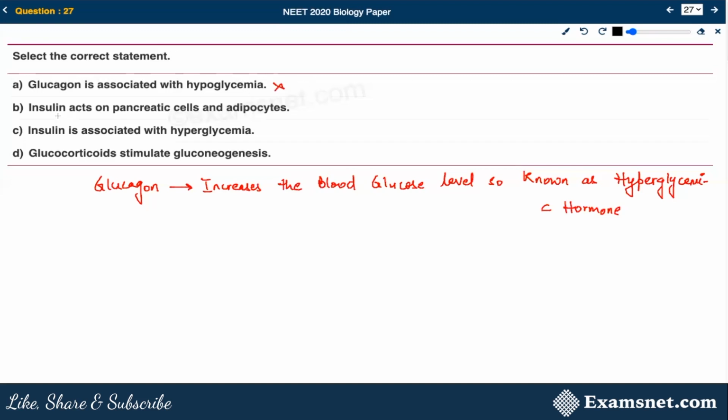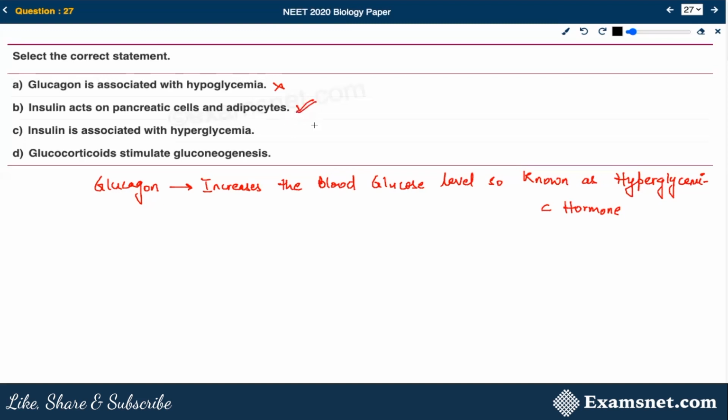All right. Insulin acts on pancreatic cells and adipocytes. Insulin, as I already told you, is released from the beta cells of the pancreas. So this is going to act on the pancreatic cells, and adipocytes are basically the fat containing cells. So is this a true statement?